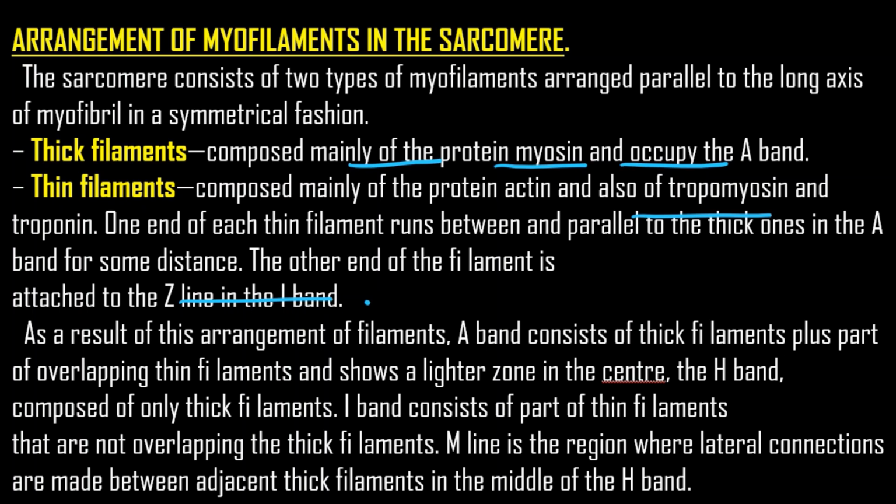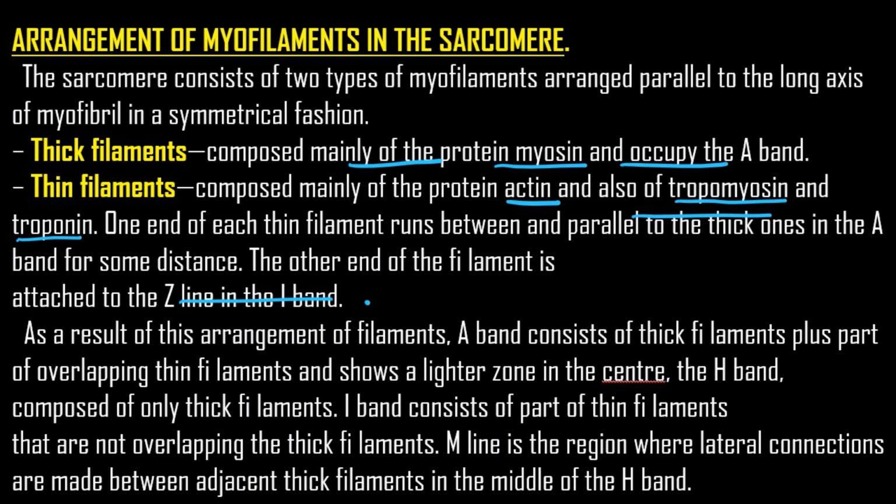The protein called myosin, and these occupy the A band. And the thin filaments, which are composed mainly of a protein that is called actin. But there is also tropomyosin and troponin. So in the thin filaments, you find three types of proteins: actin, tropomyosin, and troponin.